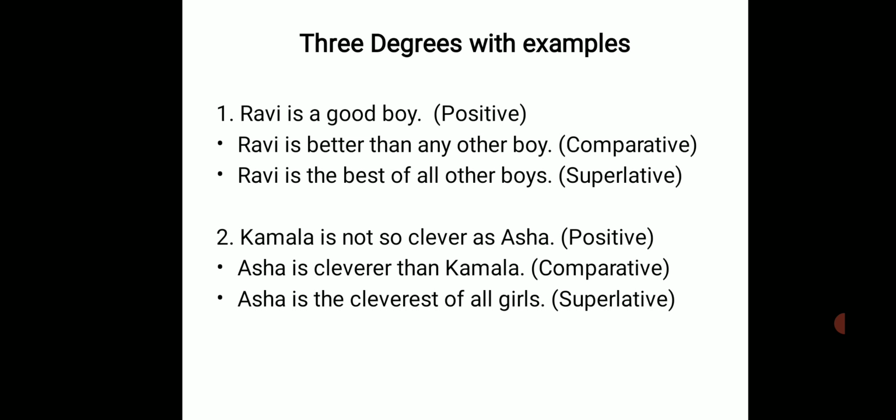Now let us observe the examples. Ravi is a good boy. Now there is no other person to compare, therefore it is in positive degree. Now we are talking only about Ravi. Ravi is a good boy. Now when there is another person to be compared with Ravi, this is how the comparative degree should be.